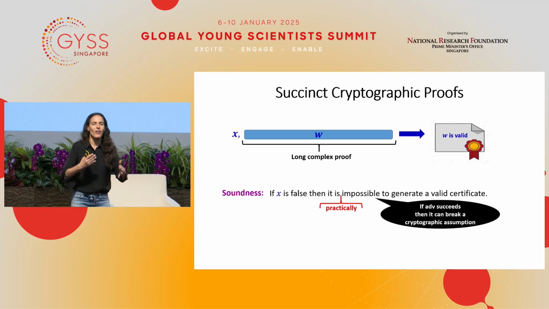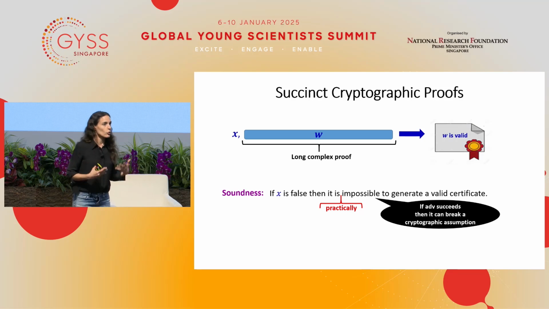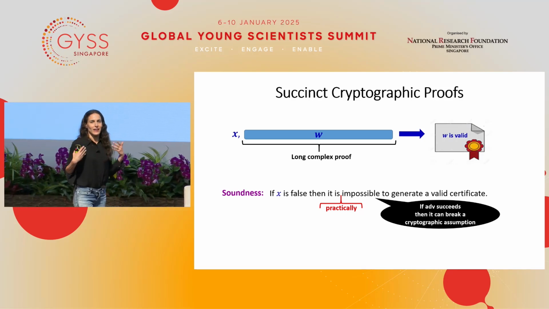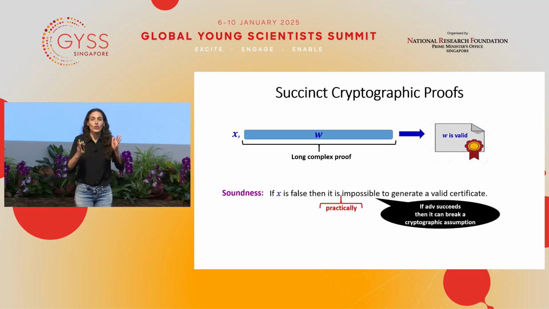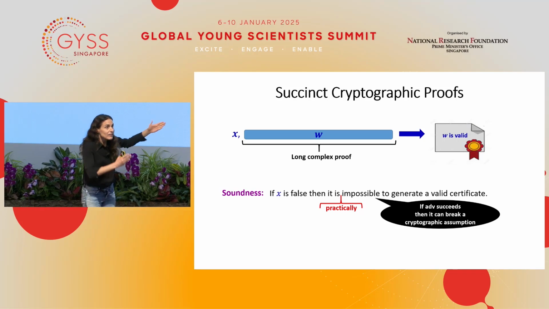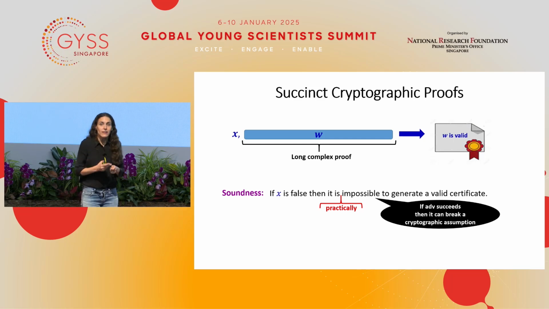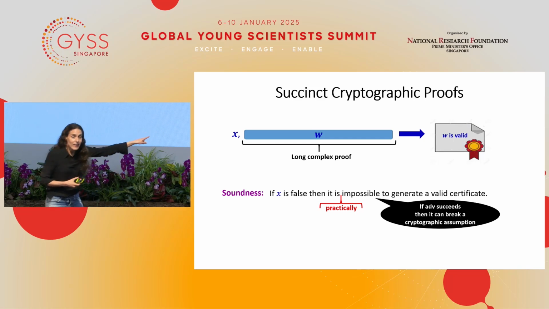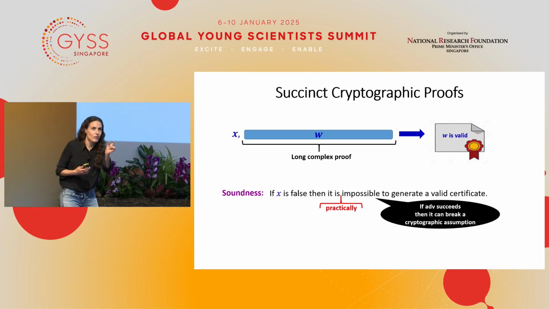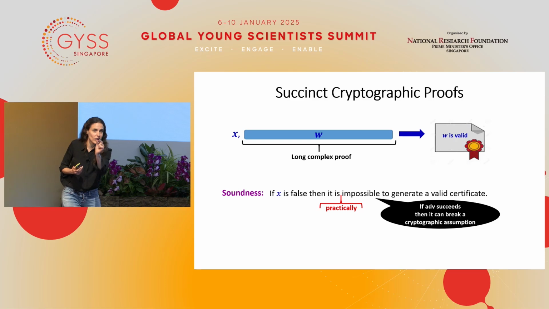We have a lot of kind of hardness assumptions that we assume in cryptography. Actually, almost all of cryptography is secure under some hardness assumption. And now our idea is, let's make proofs succinct by assuming some hardness assumption and guaranteeing that the only way someone can generate a false proof is by breaking our assumption.